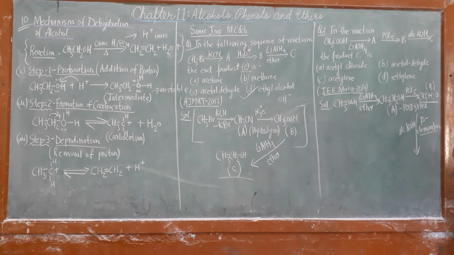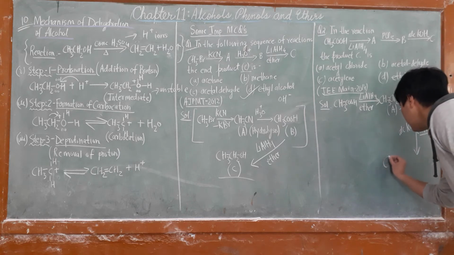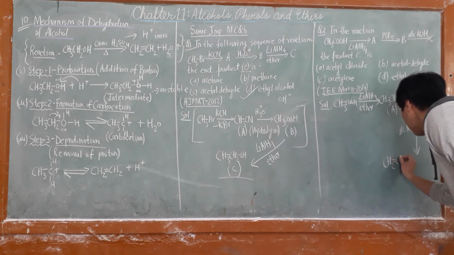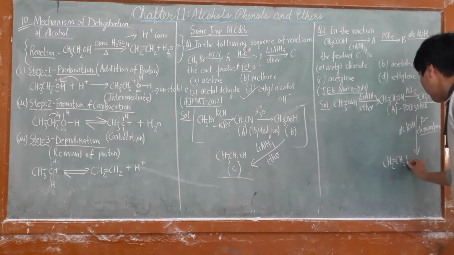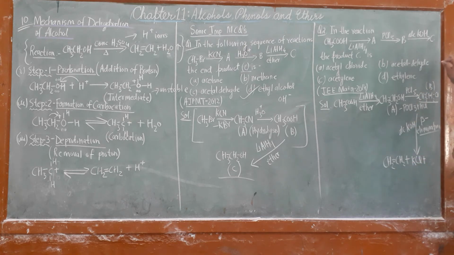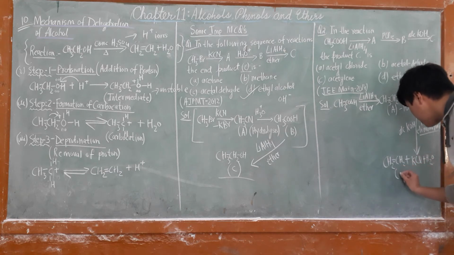Now beta elimination, we have to convert haloalkane into alkene, CH2=CH2, along with KCl and water. This will be your product C.